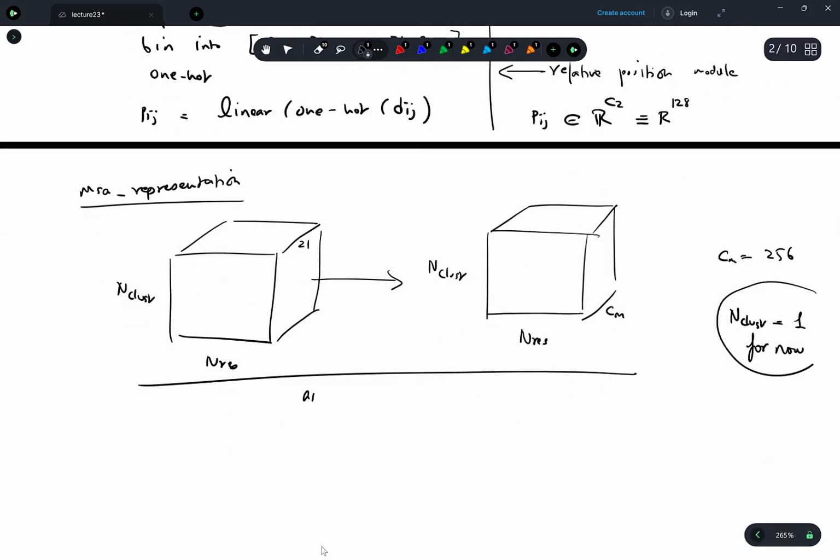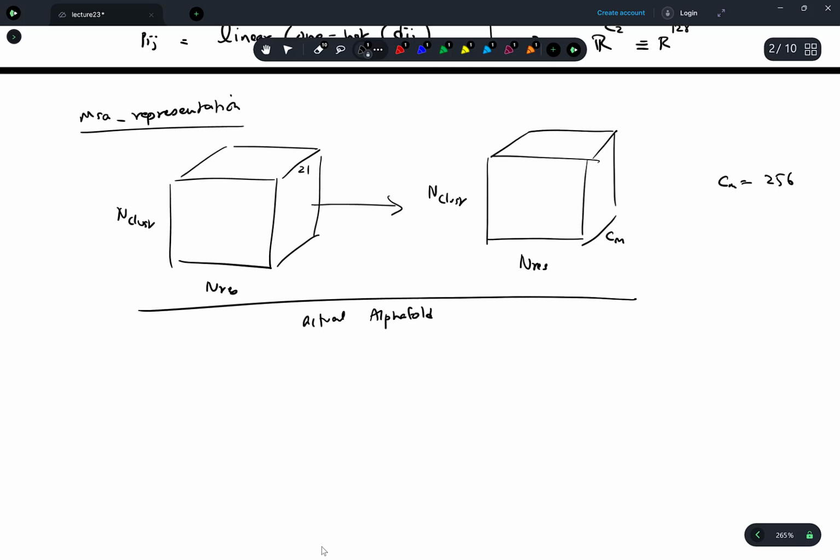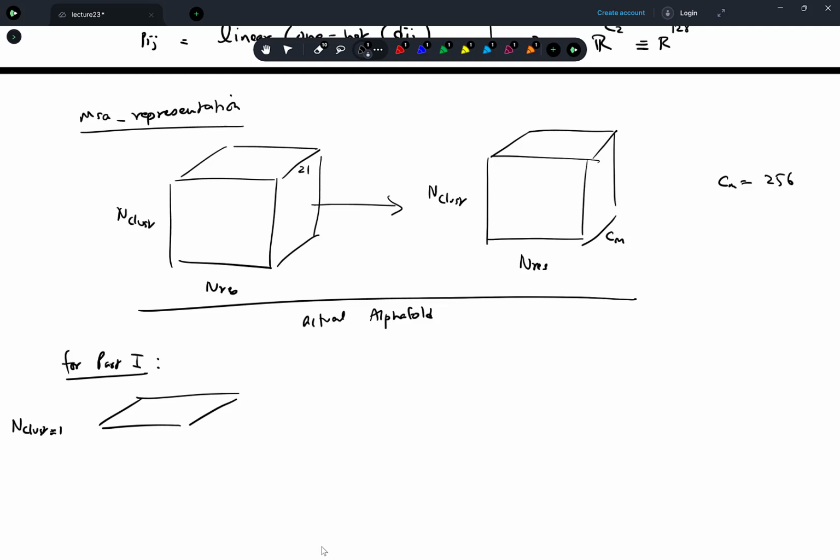This is what actual AlphaFold will do. For us, our input is just this, because n clust is 1. If I don't find other MSAs, this is all the input you have, which is n res by 21.